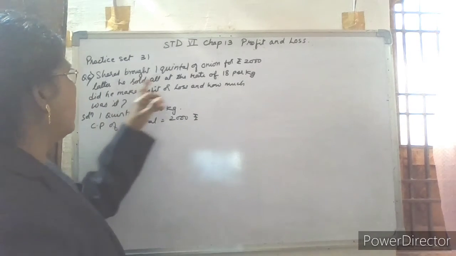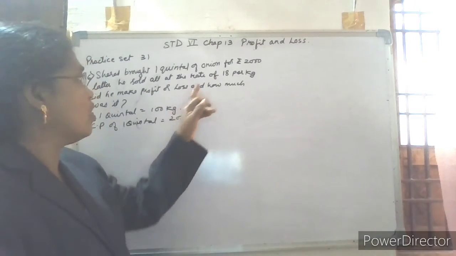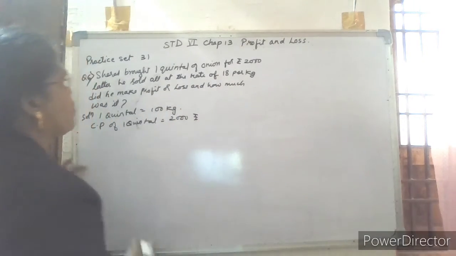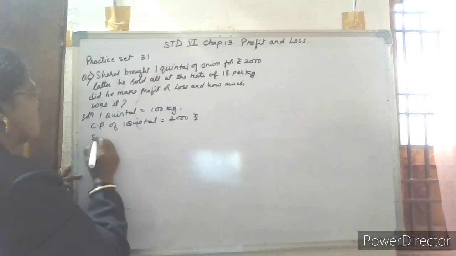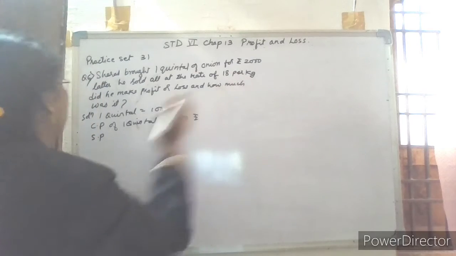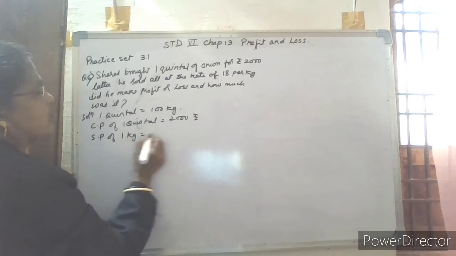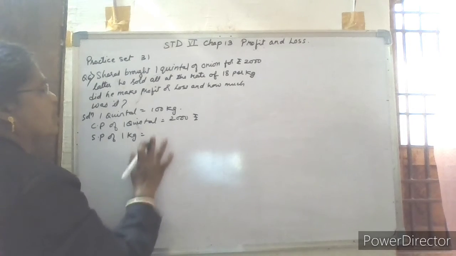Later he sold all at the rate of 18 rupees per kg. So the selling price of 1 kg is rupees 18, given.